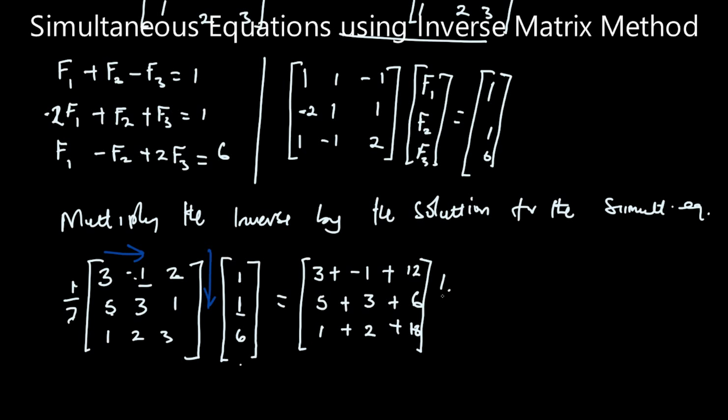We multiply all this by 1 all over 7, so that we have 3 minus 1 plus 12 will give us 14. 5 plus 3 plus 6 should also give us 14, and 1 plus 2 plus 18 should give us 21.